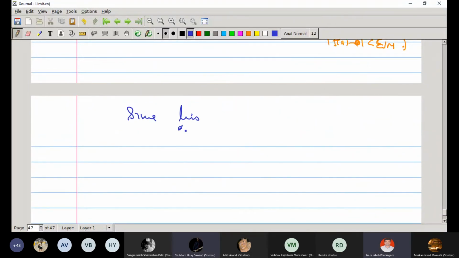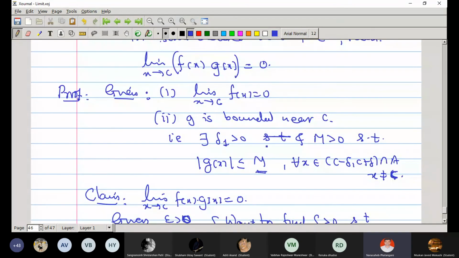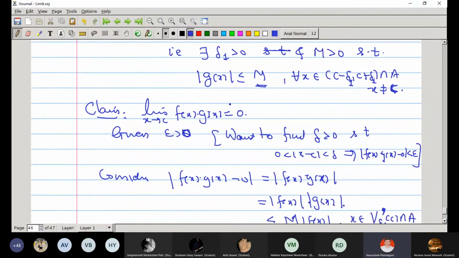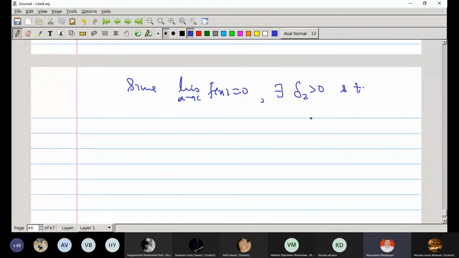The limit of f(x) at c is given as 0, so there exists delta 2, because already there is a delta 1 in whose neighborhood g is bounded, such that |f(x) minus 0|, which is |f(x)|, is less than epsilon whenever 0 is less than |x minus c| less than delta 2.